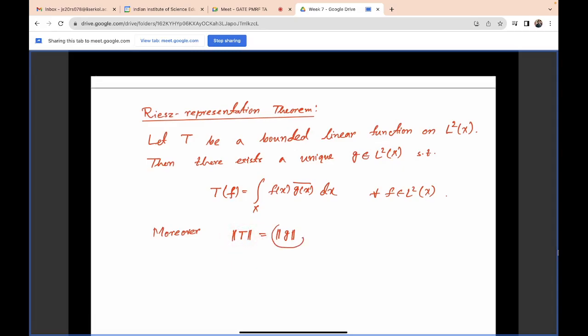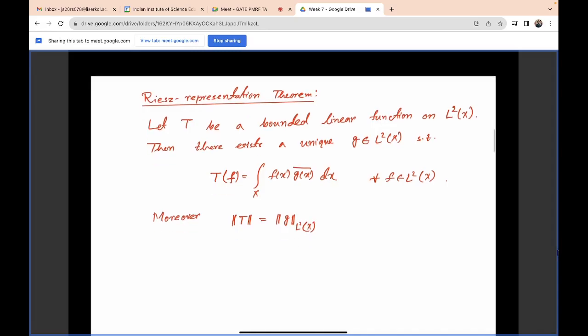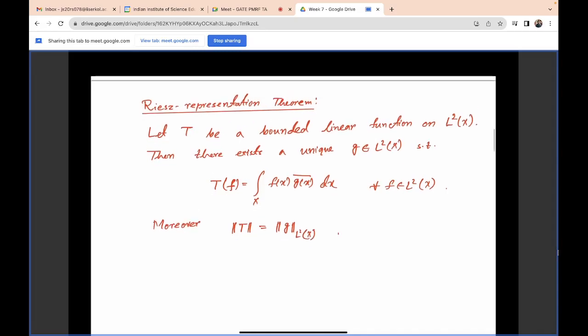And on the right hand side, this is the norm in L2 of X. So the Riesz representation is saying that take any bounded linear functional, it will be given by this integral form, and the operator norm of this functional will be the same as the norm of this function g.